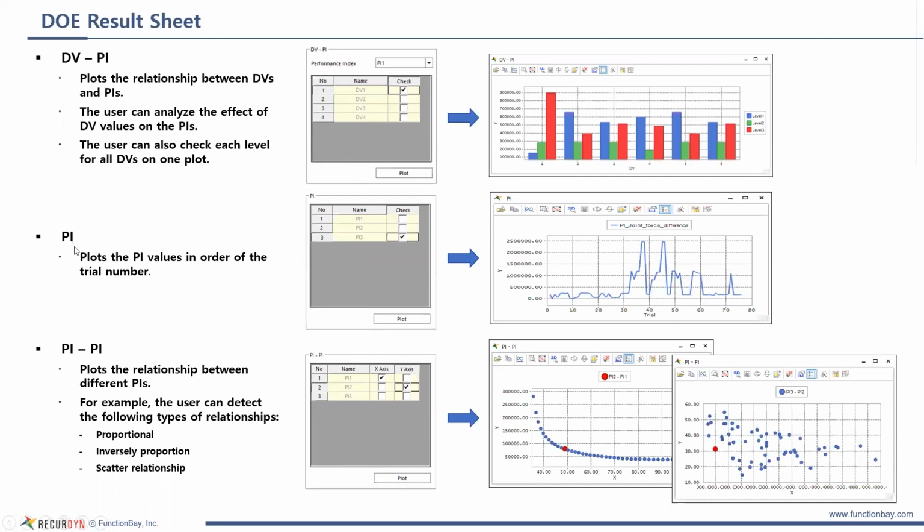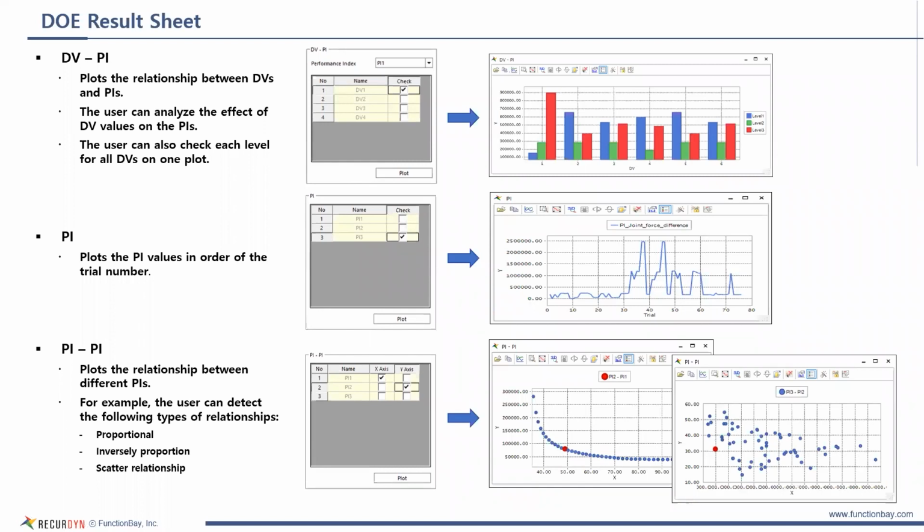Then there's the performance index plot, which plots the value of the performance index for each trial that's run. And then there's the PI plots here, where you can plot the relationship between different performance indexes.